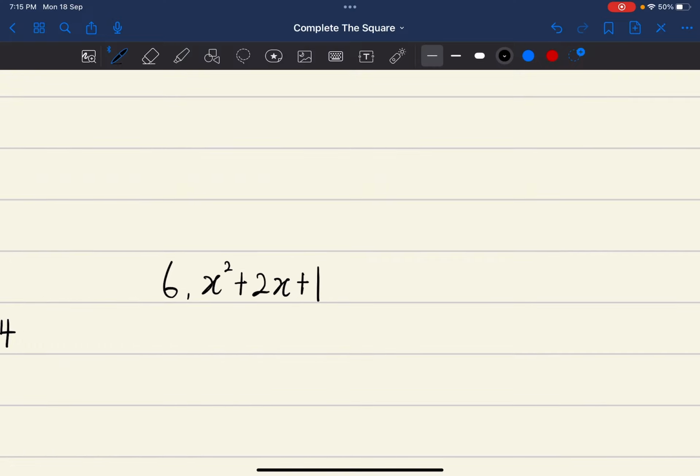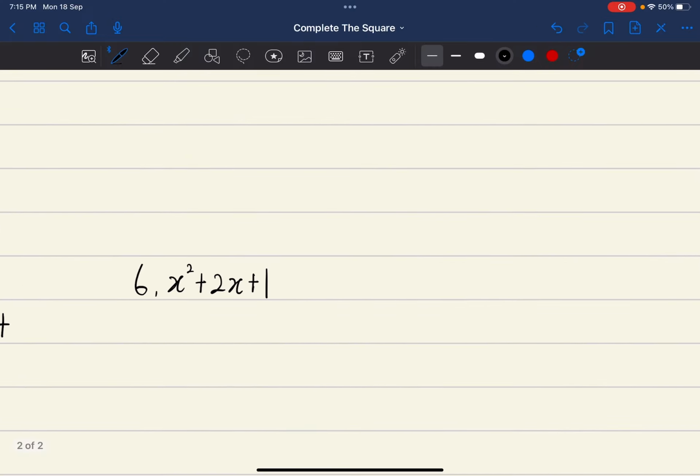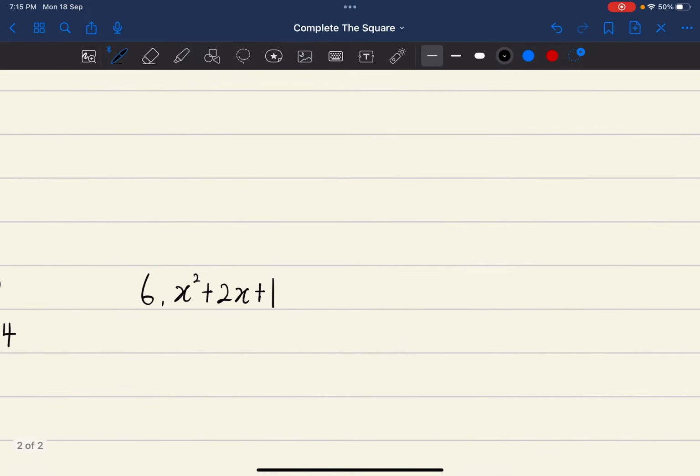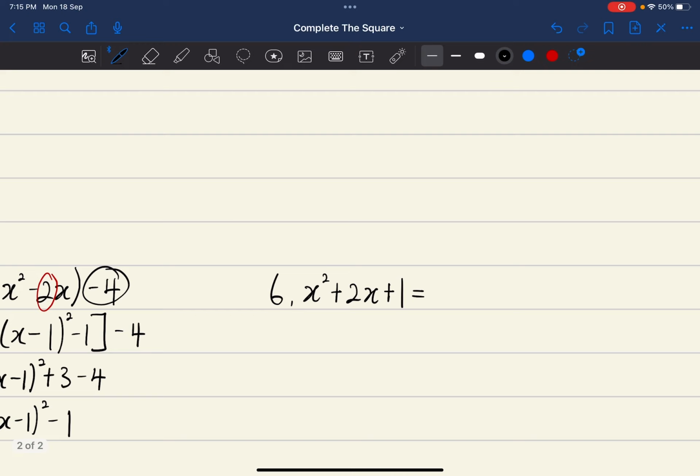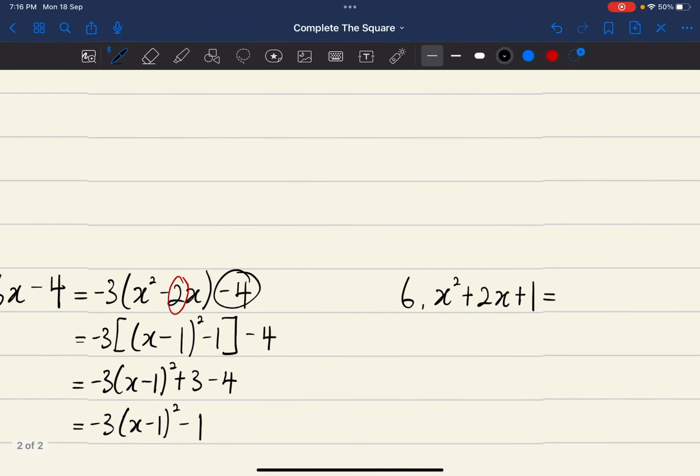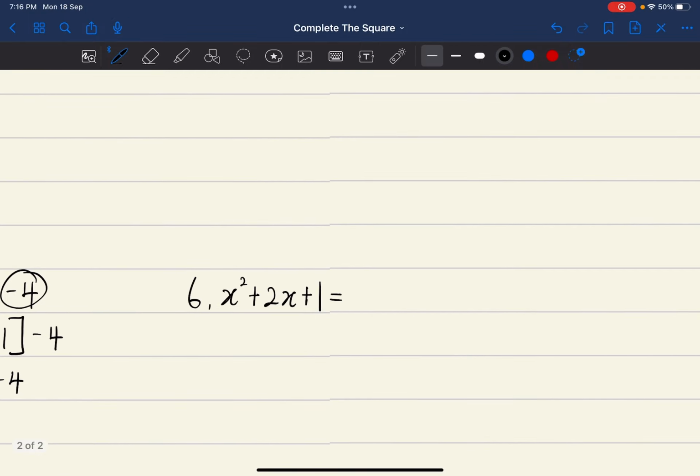Okay, last question, number 6. This is a little bit special. So it's the same technique. Since the coefficient of x squared is positive 1, we don't have to do this long technique of taking out a positive 1. So we can straight away just write a bracket, x, so what's the sign here?